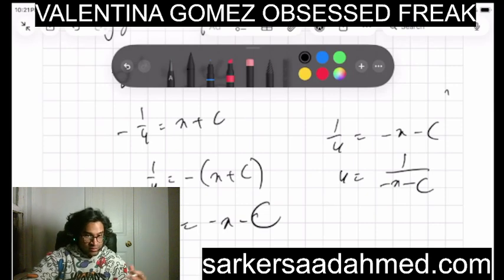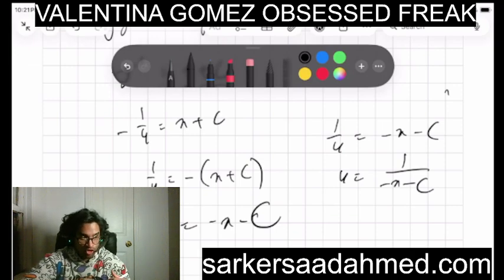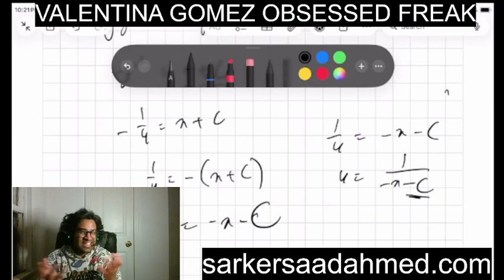Now you can do all your calculation. You can also do one more thing. You can consider that C1 is equal to minus C, because you want to make the constant, or whatever the equation you have, a clean format.